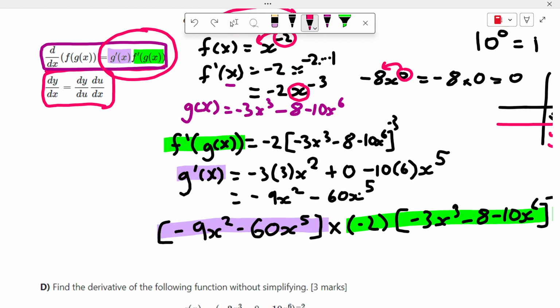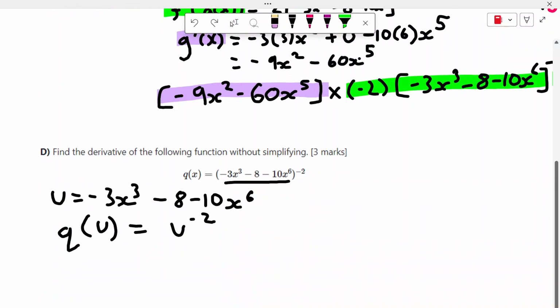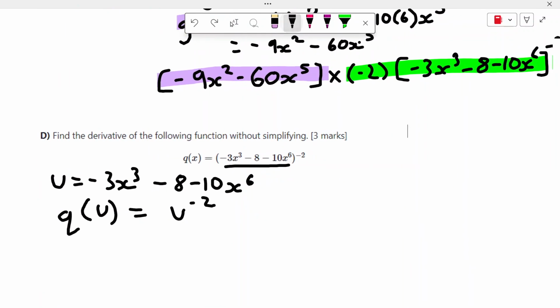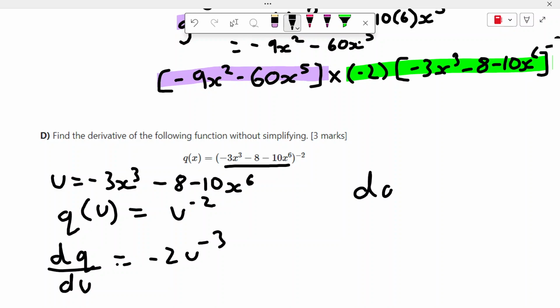It's the exact same thing. And we differentiate u. So dq du is equal to, as we've gone through. But now we want things in terms of x. So we want dq dx.